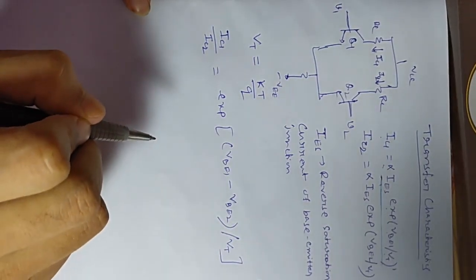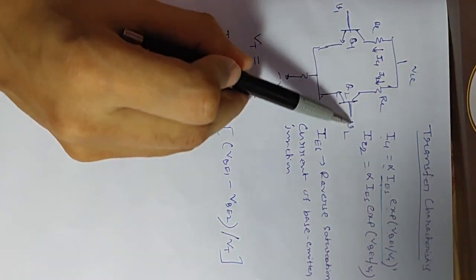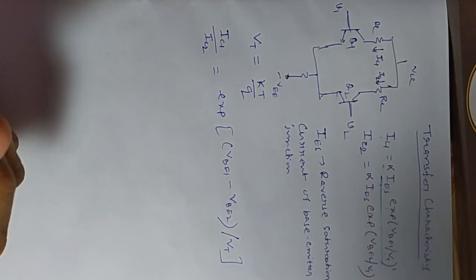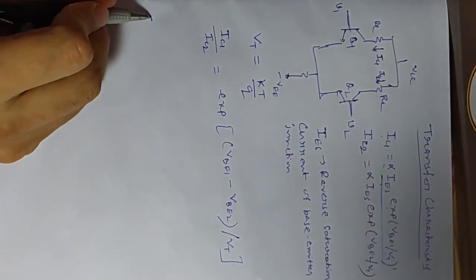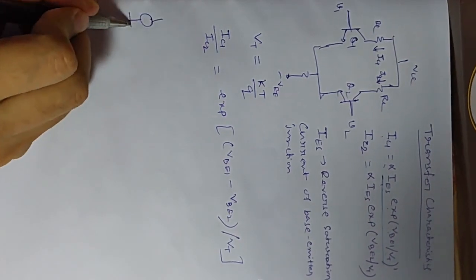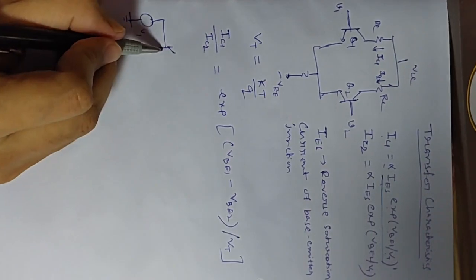Now if I apply KVL through this branch, so if I redraw this, that is your V1 that is connected to base.